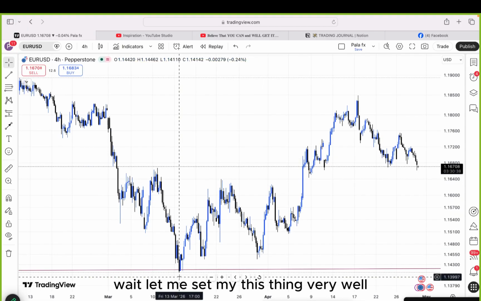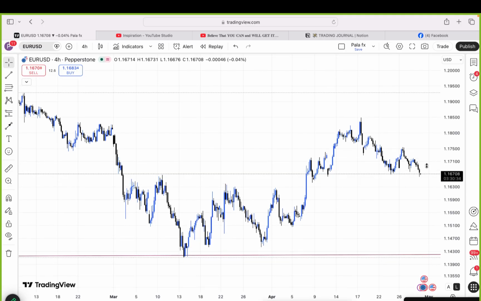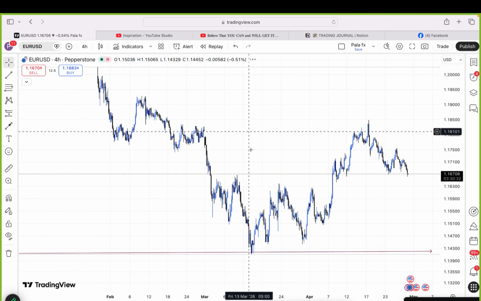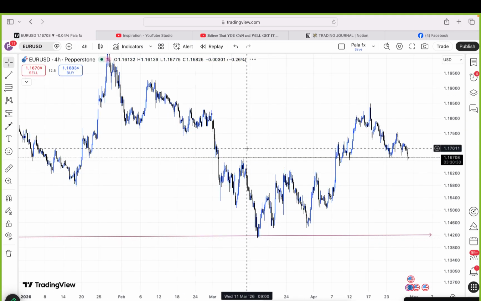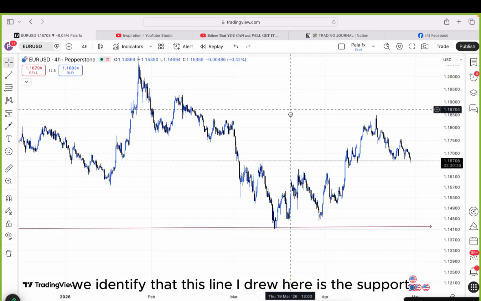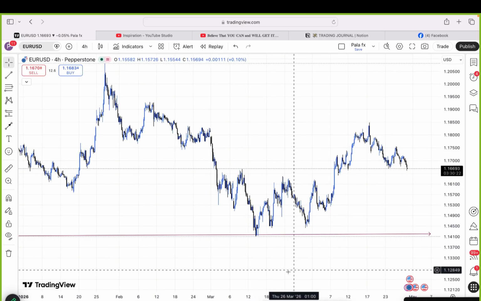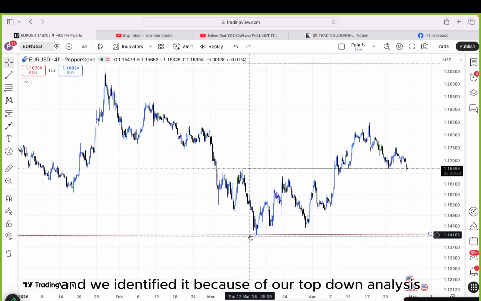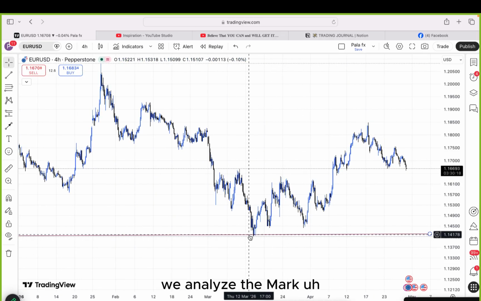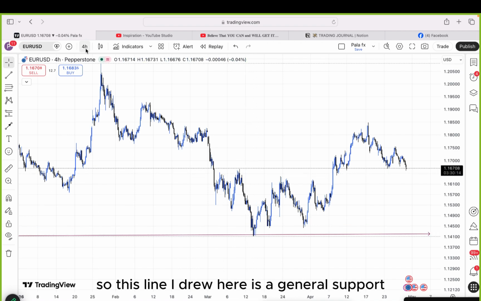We identified that the line I drew here is the support, because we started our analysis from the daily time frame. So this line I drew here is a general support.